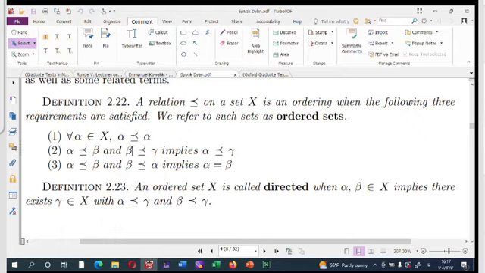If alpha is less than or equal to beta and beta is less than or equal to alpha, then alpha must equal beta. We have these three properties in the ordinary order in real numbers.